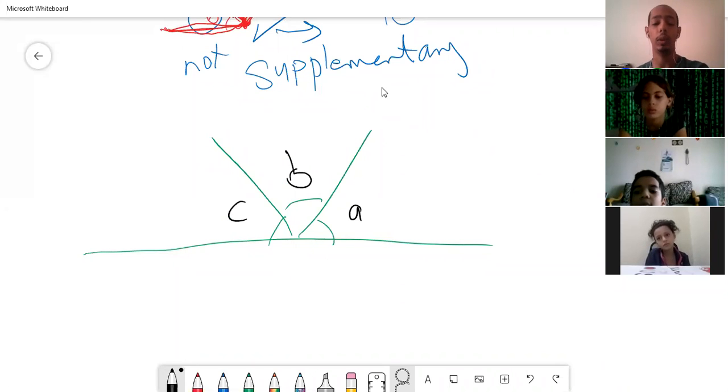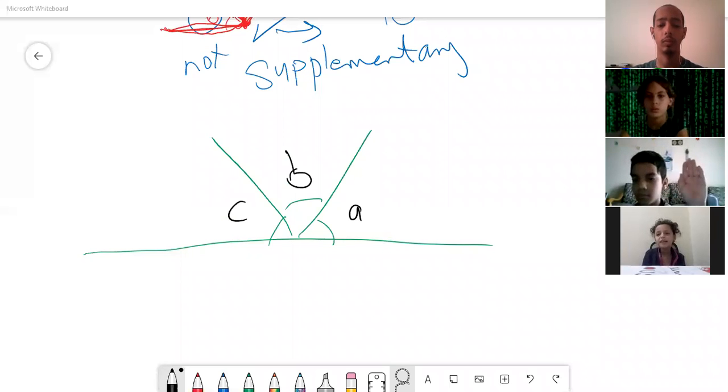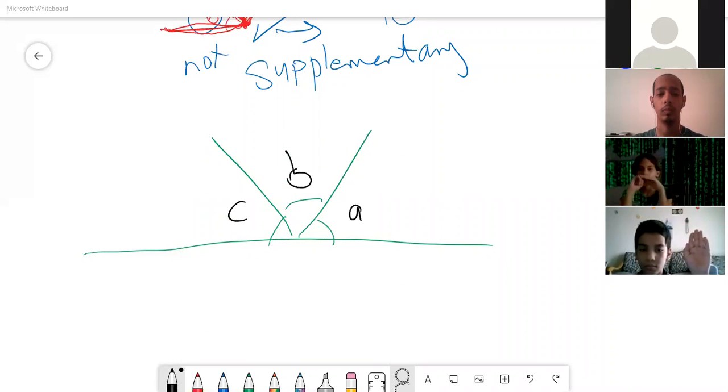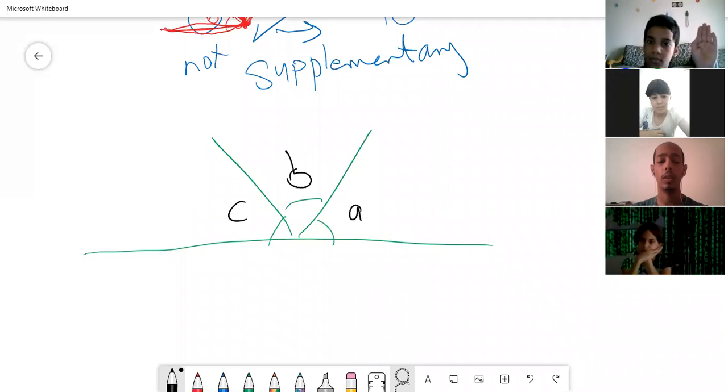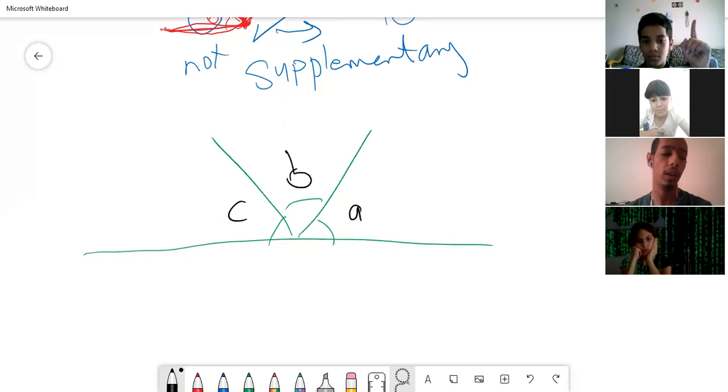Raise your hand. Haneen, what are the supplementary angles? C and A. Why?